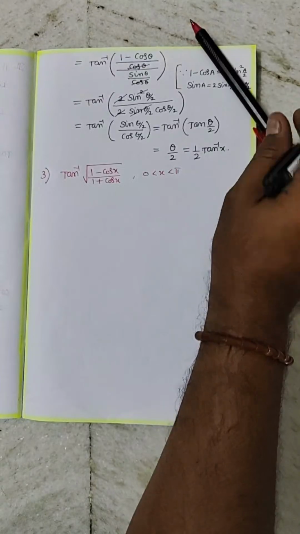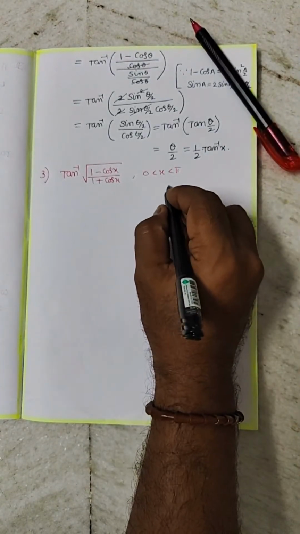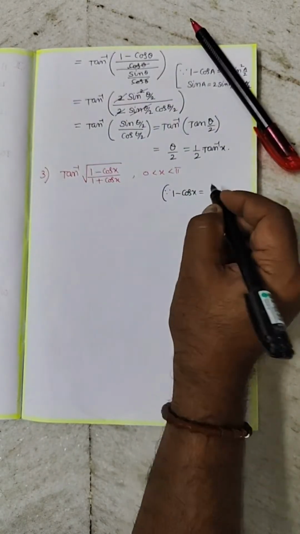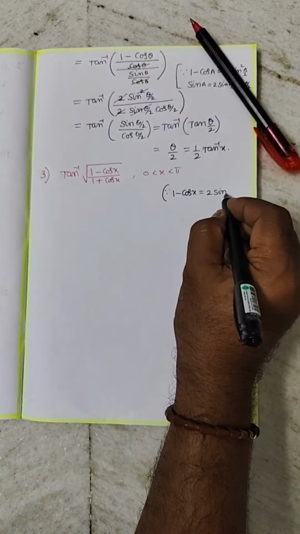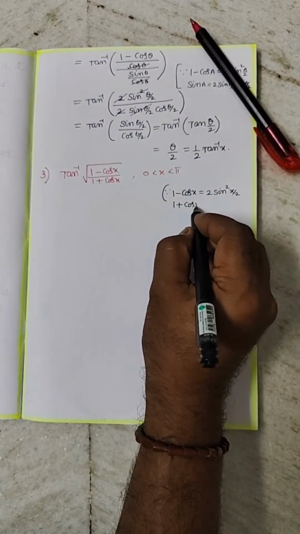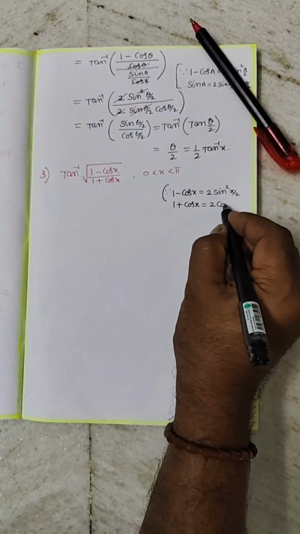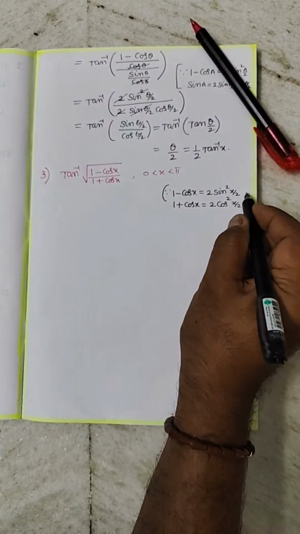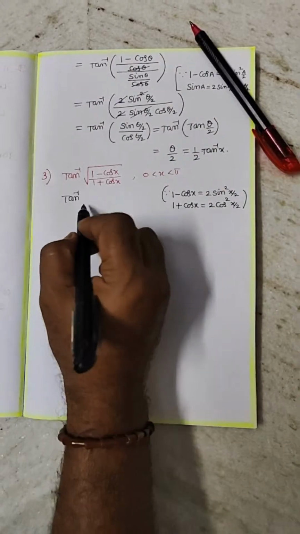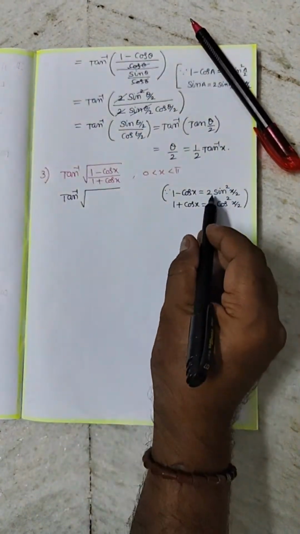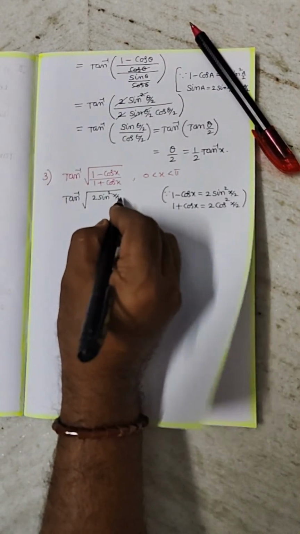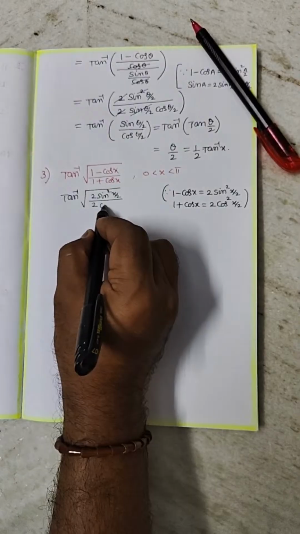So 1 minus cos x is equal to 2 sin square x by 2, and 1 plus cos x is 2 cos square x by 2. Therefore tan inverse of root over 2 sin square x by 2 by 2 cos square x by 2.